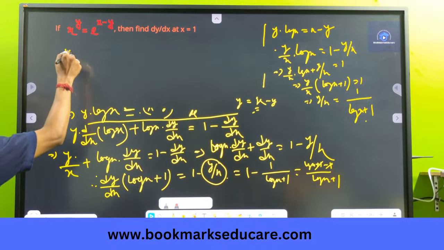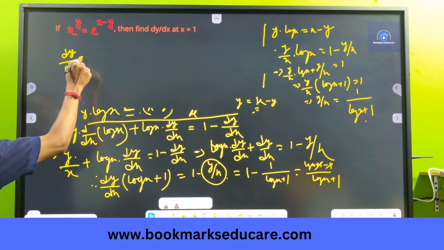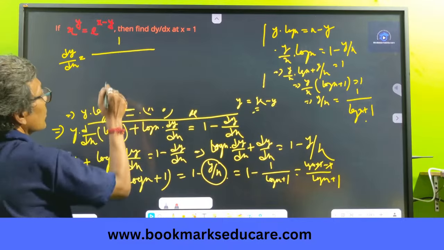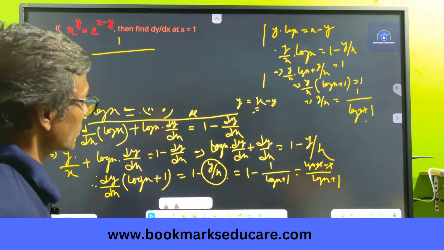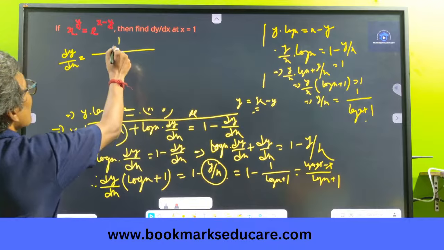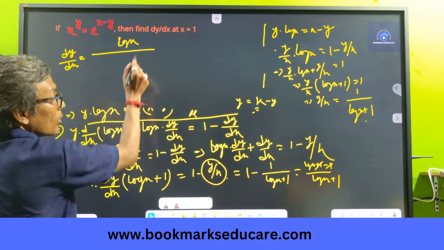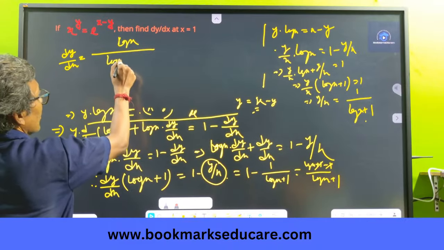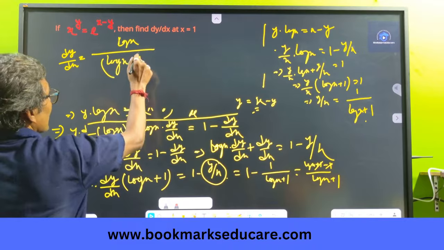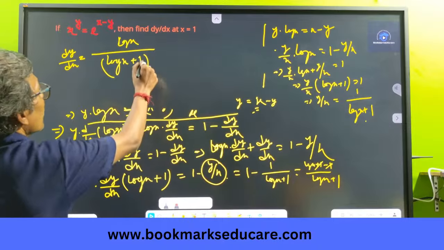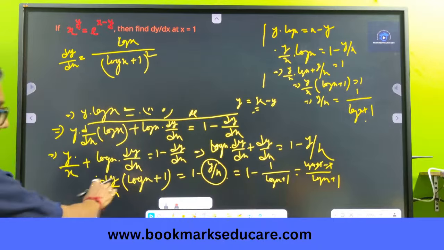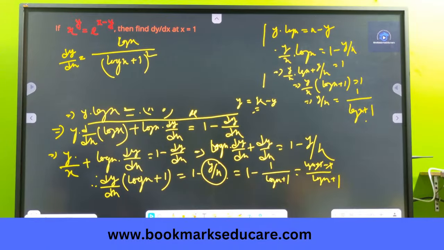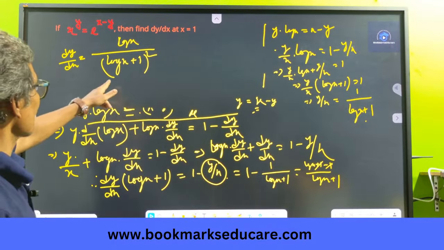So dy by dx is equal to log x by log x plus 1 whole square. This will be coming over here, since log x plus 1 into log x plus 1 is log x plus 1 whole square.